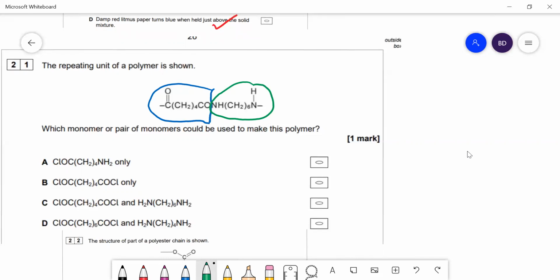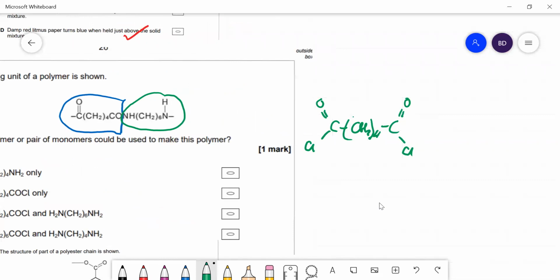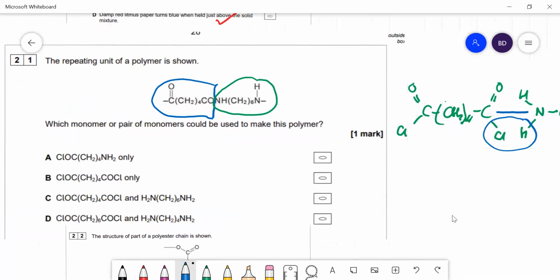So you can have a dicarboxylic acid or you can have a diacyl chloride to make that, and that's going to react with the NH2 group on the amine. You're going to lose HCl there to form an amide linkage. That's what's happening.